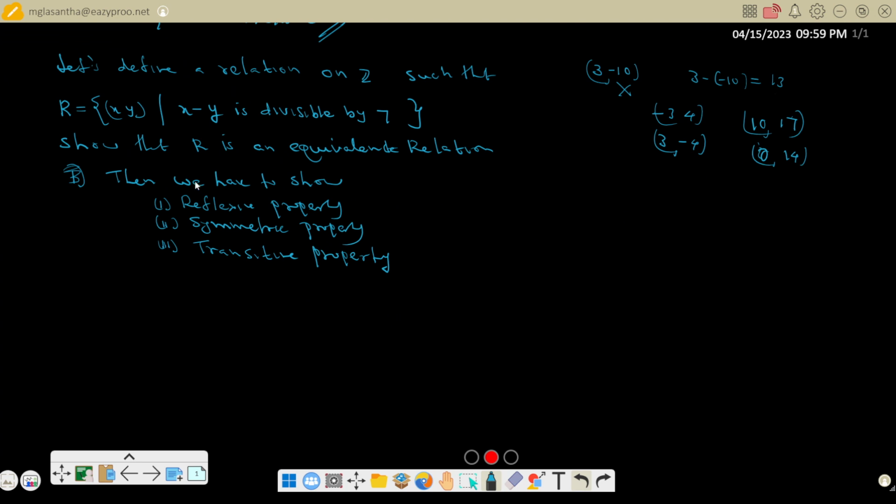Now, the reflexive property is obvious, no? So let x belong to Z. Then x minus x equals 0, which is divisible by 7.